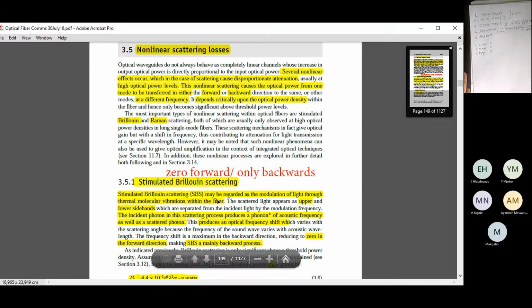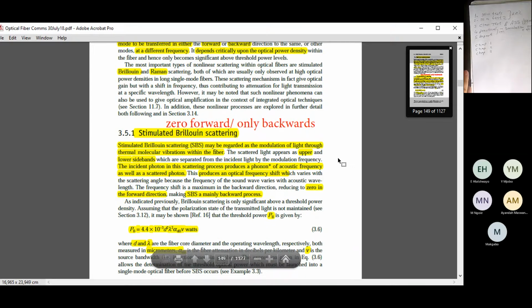Only backwards. Where does it say backwards? I'm trying to find the segment. Here it is. Zero in the forward, but mainly in the backward process. There it is. Zero in the forward direction. So Brillouin is only backwards.